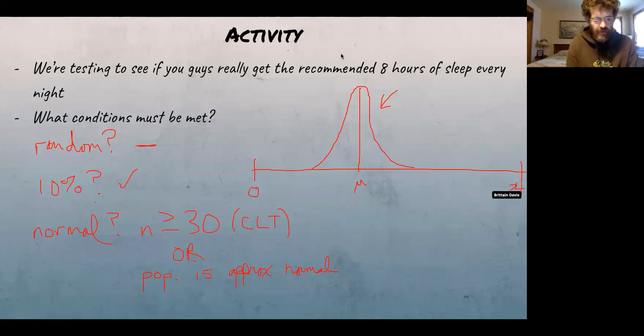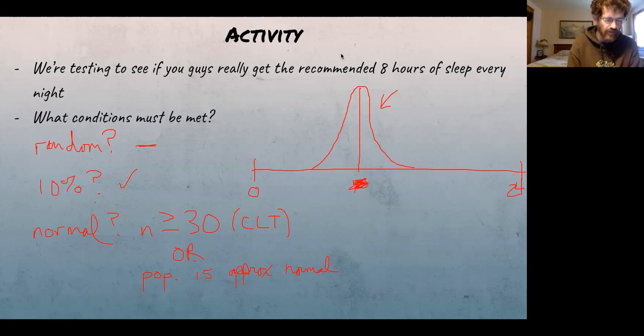All right. And I would guess for teenagers, it should be somewhat normally distributed. I doubt anyone's getting 16 hours of sleep at night. I think it might average, now I don't think this is mu necessarily, but I do think it's fair to say the population is normally distributed.